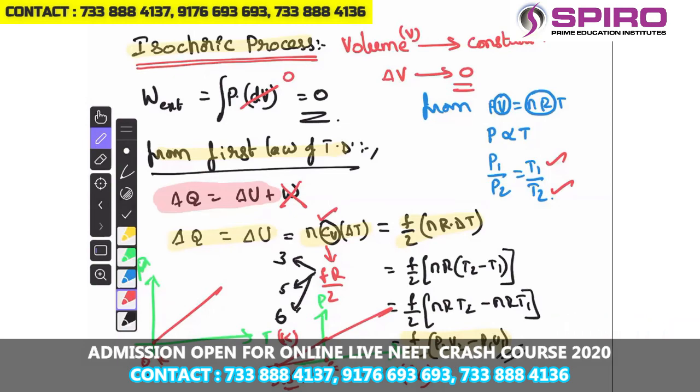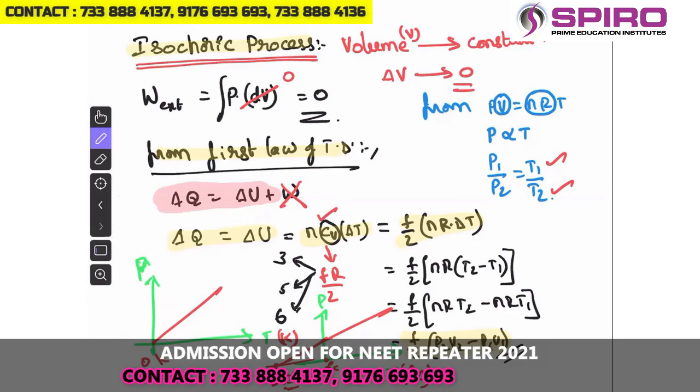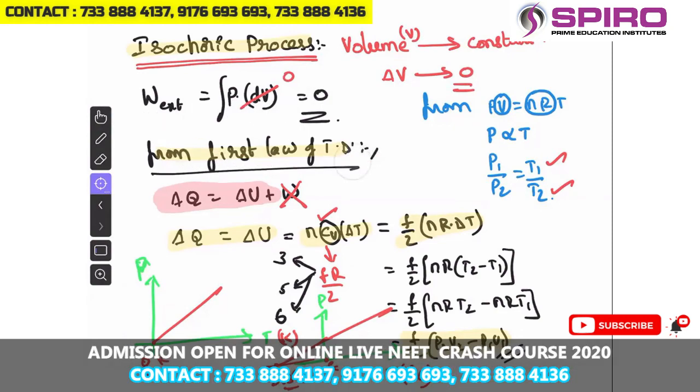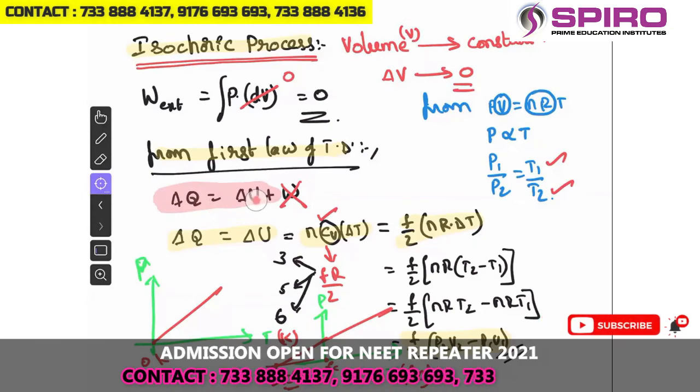So regarding the isochoric process, you have come across the various aspects. Here the volume will be constant, the change in volume will be zero, and the external work done will be zero. That's why according to the first law of thermodynamics, delta Q equal to delta U plus W, and since W is zero here, 100% of the delta Q is spent only to raise the internal energy of the system.